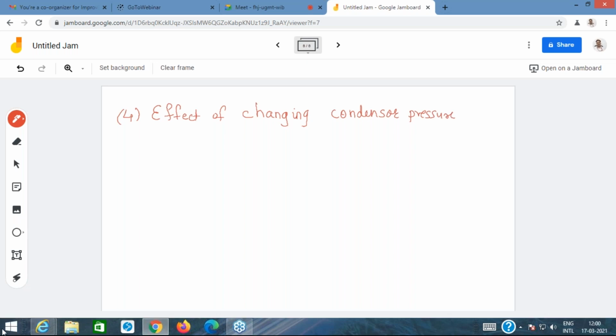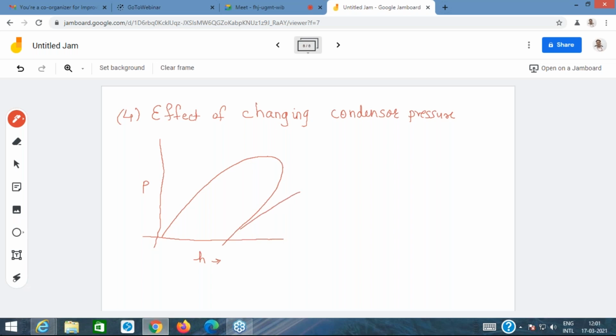So again, the usual procedure. How do we discuss this? We need to first draw the pressure enthalpy diagram, which would include plotting a vapor dome, and then we will be talking about the saturation cycle.